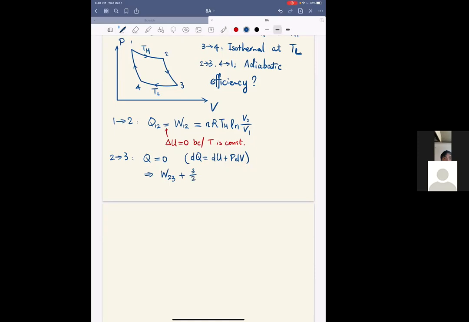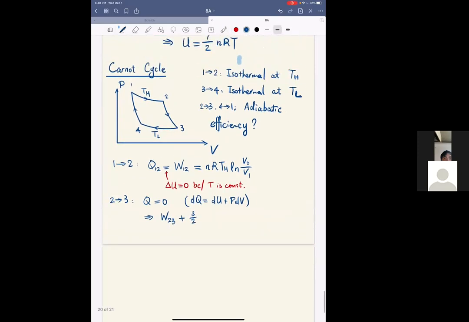equals 0. Just for simplicity, we assume that the gas is helium, but we will assume that this result can be generalized to any kind of gas.